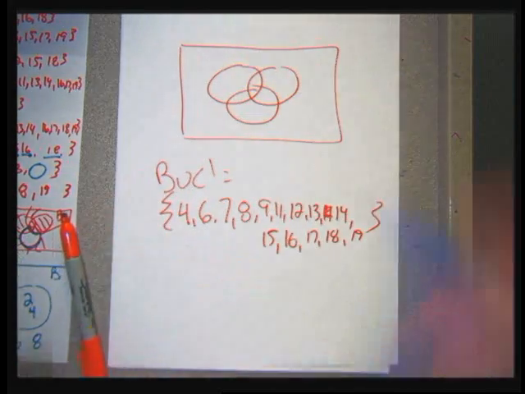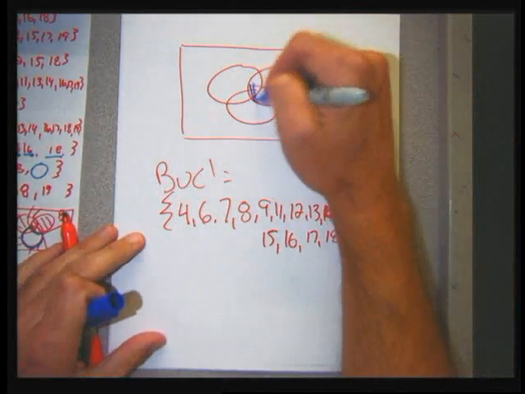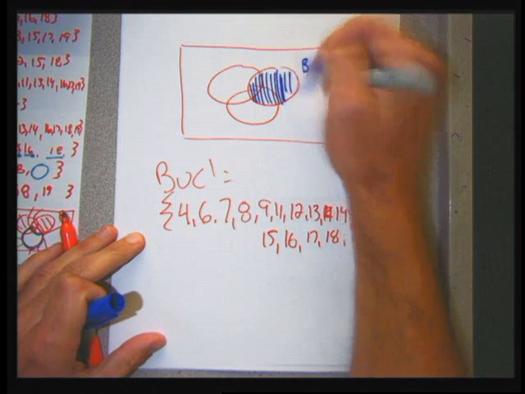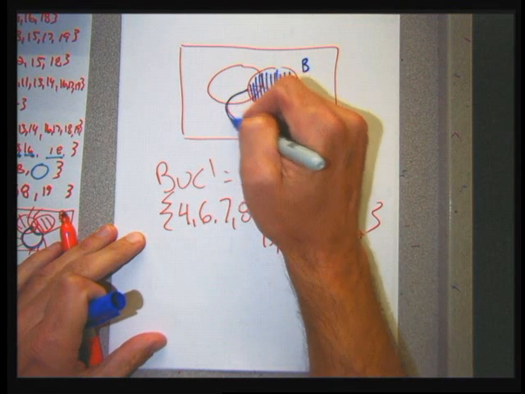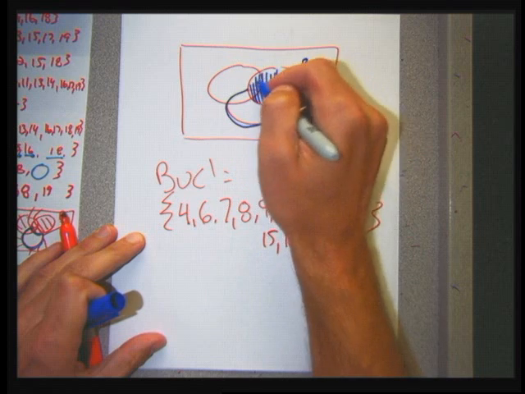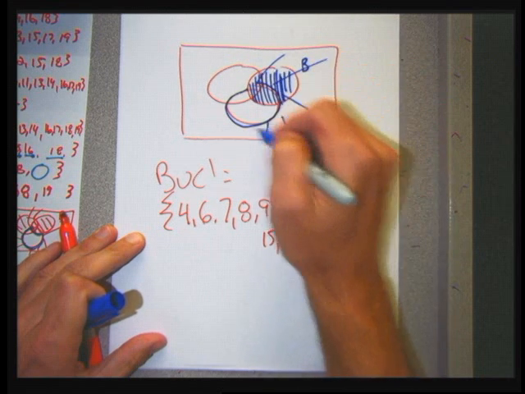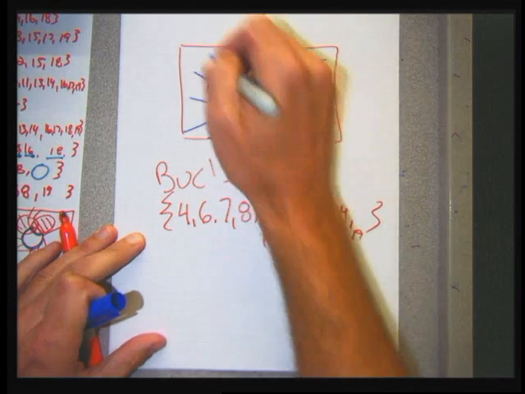So any number that's inside the B circle or outside the C circle needs to be part of that.